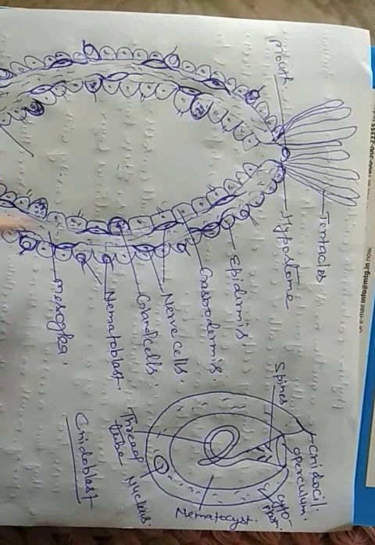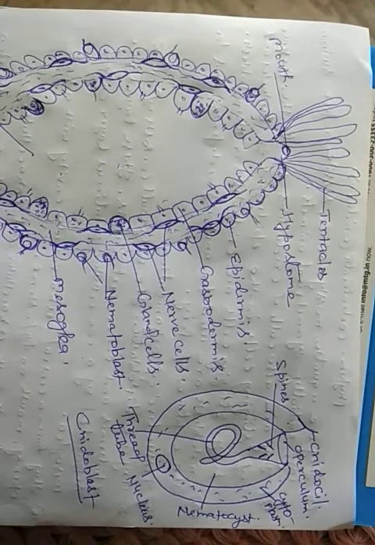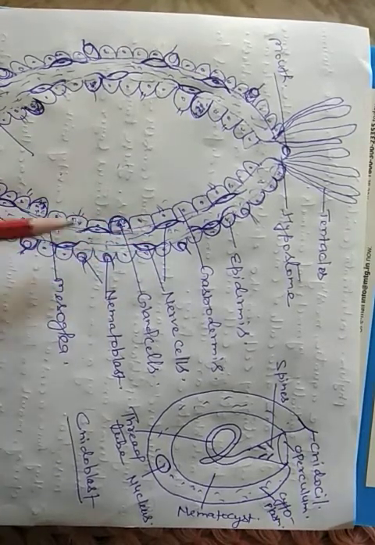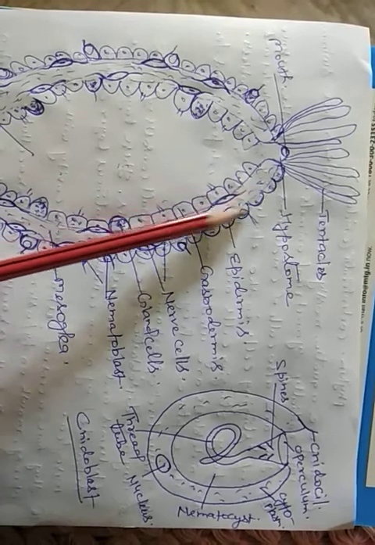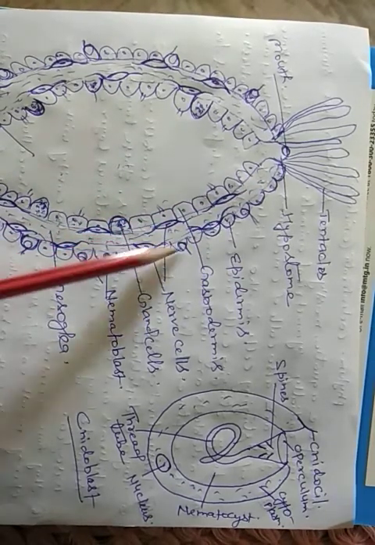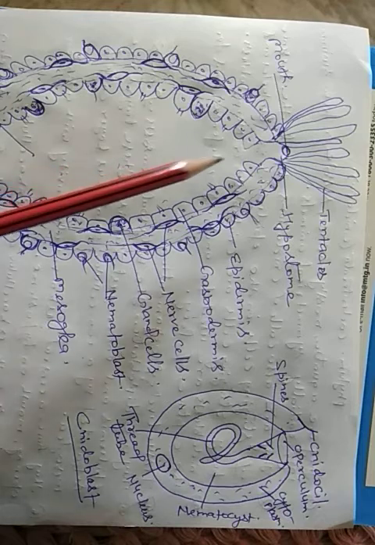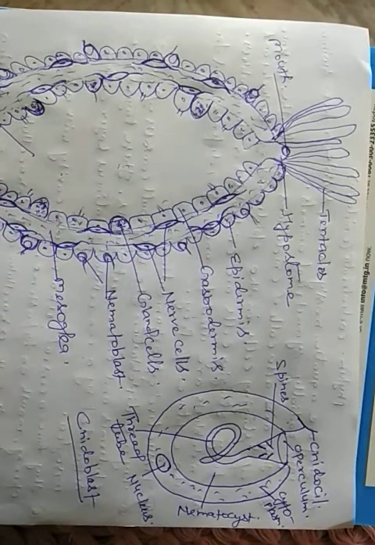They are diploblastic animals, and their body wall consists of two layers of cells. The outer layer is called the epidermis, derived from ectoderm. Likewise, the inner layer is called the gastrodermis, derived from the endoderm, because they are diploblastic, having ectoderm and endoderm.